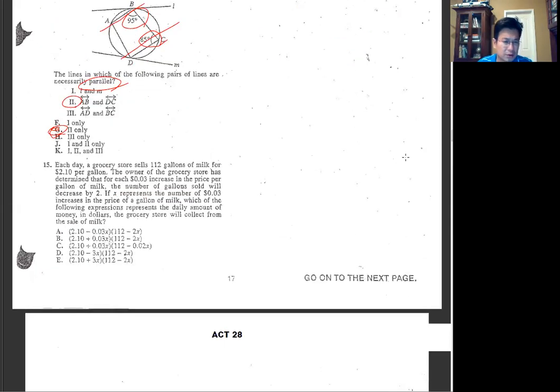Each day a store sells 112 gallons of milk for $2.10 per gallon. Increase the price per gallon, and the number of gallons sold decreases by 2. So $2.10, but every time you increase by 0.03, let's say x.